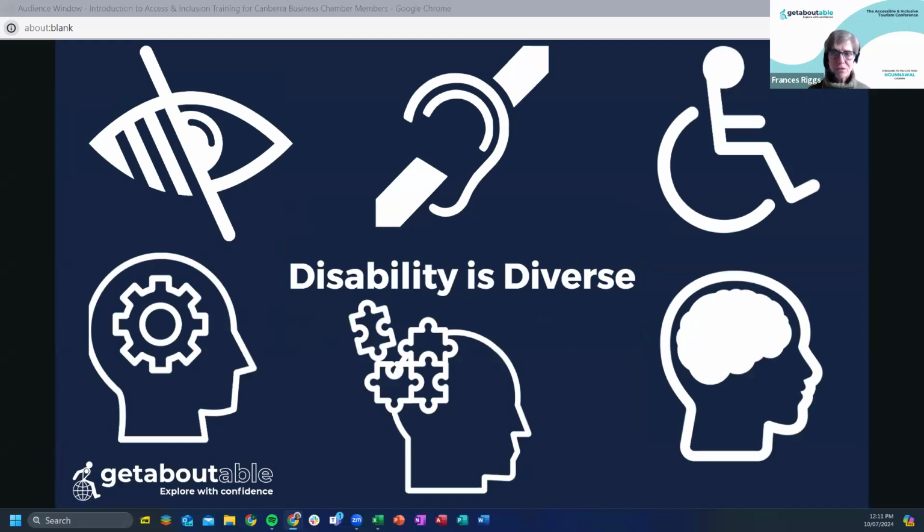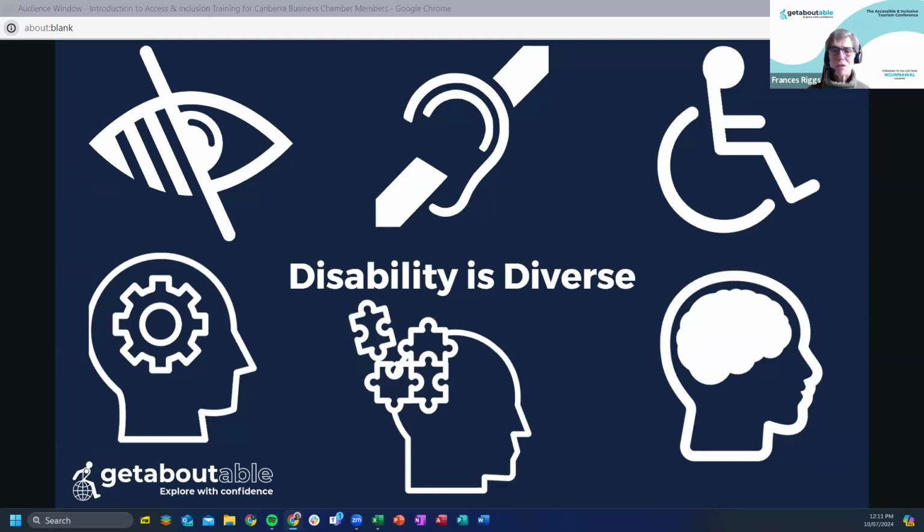But disability is very diverse and doesn't fit into contained boxes. There is overlap in the categories of disability, which I will outline today. Often people have multiple disabilities as well. So just going through some of these categories, they're not necessarily all uniform, but it's just a way to convey some of that diversity of disability.